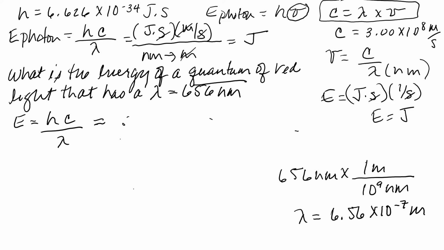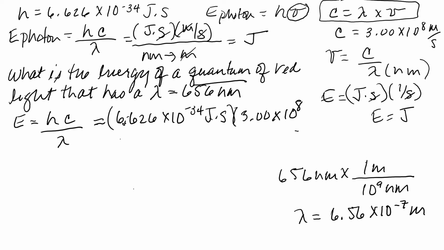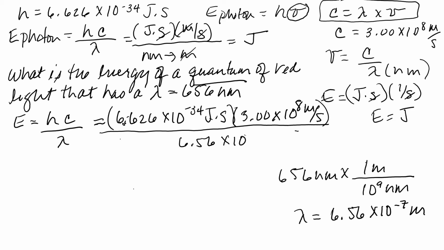Now I can substitute or set up this equation. 6.626 times 10 to the negative 34 joules times seconds, times the speed of light in meters per second, divided by 6.56 times 10 to the negative 7 meters.